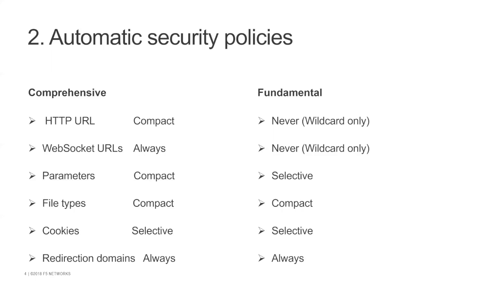Here, a note: these automatic security policies are based on the policy builder. The policy builder is the process that collects the requests from the clients, and creates the elements according to these requests.